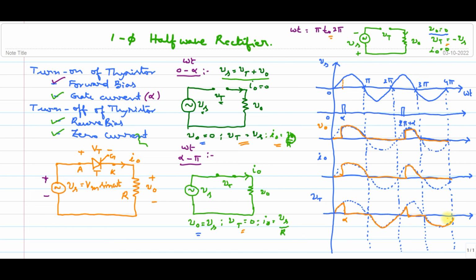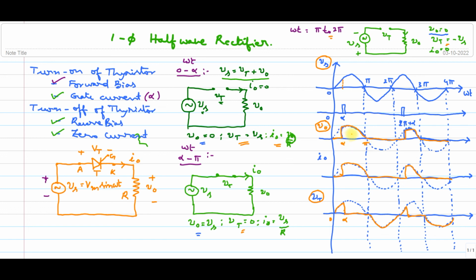That's all. Very simple. Now you can see by your eyes, Vs is equal to V naught plus Vt. Okay. From 0 to alpha, Vt is equal to Vs and V naught is 0. From alpha to pi, what will happen?